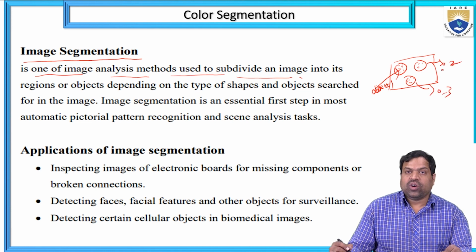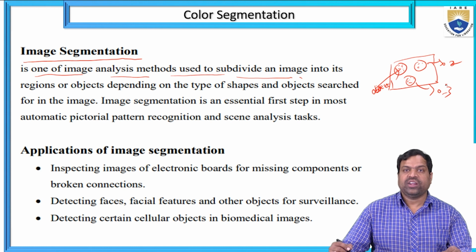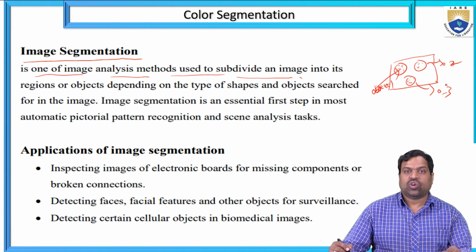How many sub-objects are there? It is an analysis method used to subdivide an image into regions or objects depending on the type of shapes and objects searched for in an image. Image segmentation is an essential first step in most automatic pictorial pattern recognition and scene analysis tasks.